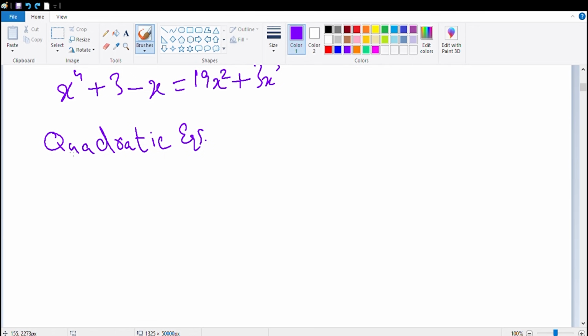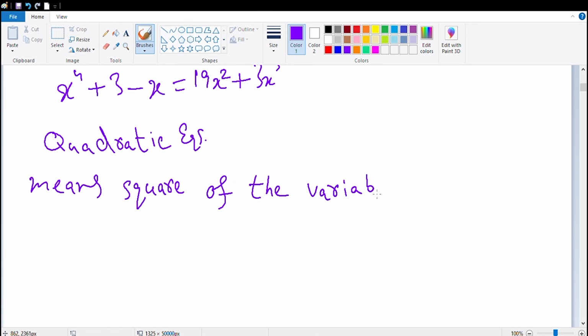This is because the word quad means squared. And the square of what, you might be thinking? The square of the variable. So in quadratic equations, we mean x squared.